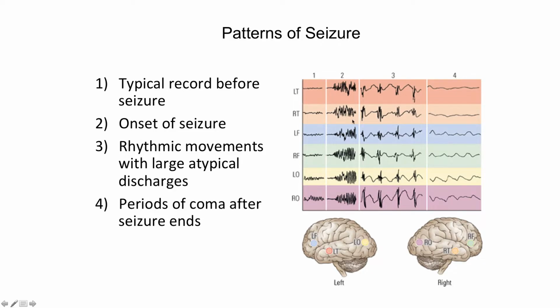And 2 is a typical record of the onset of seizure. In 3, you see the clonic phase of the seizure, in which the person makes rhythmic movements in time with these large atypical discharges, as you can see right here. And in 4, you can see the period of kind of like a coma after the seizure.